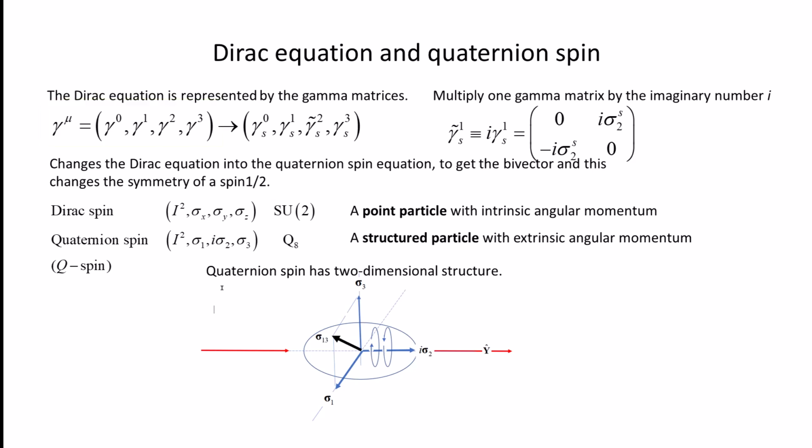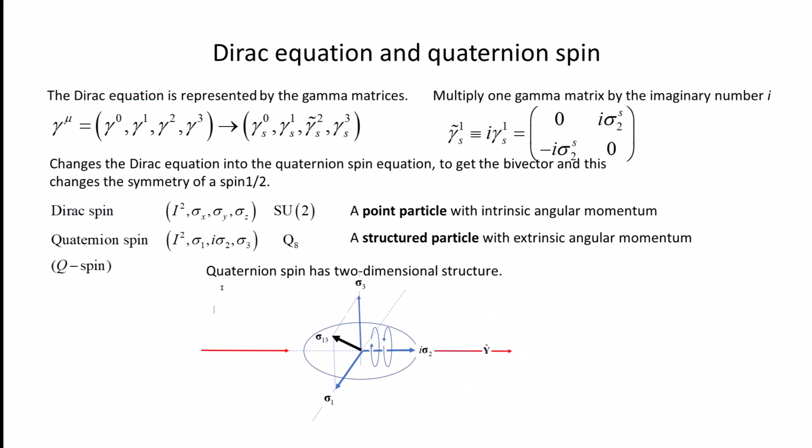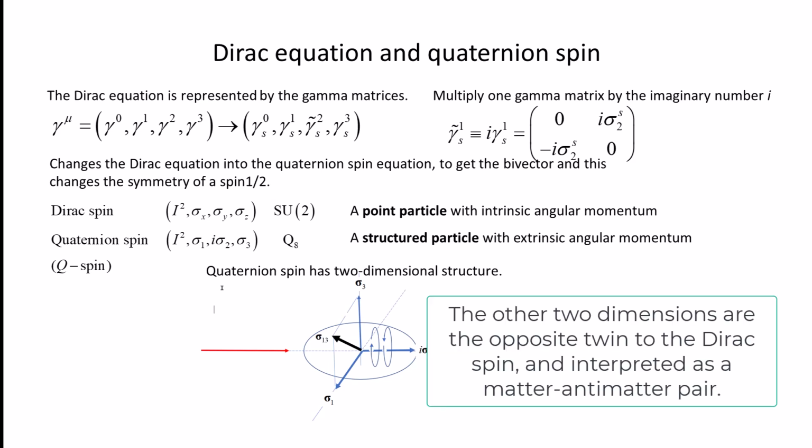When Dirac found his equation, he expected only 2 states of a spin 1/2, as is measured. But what about the other 2 dimensions? They also describe a 2-state spin, but opposite from the Dirac spin, its mirror image.